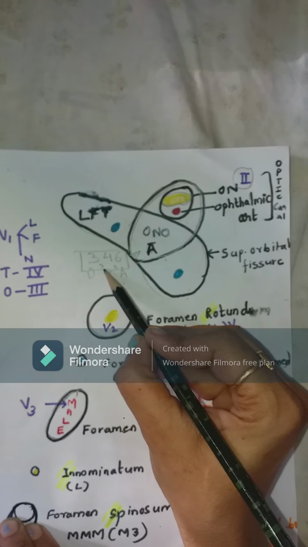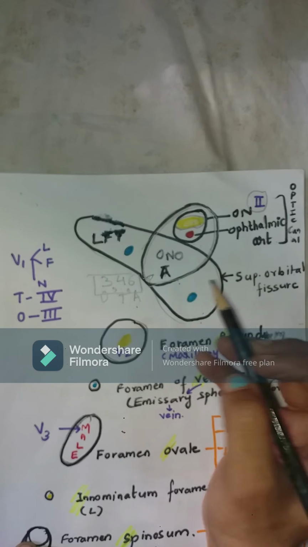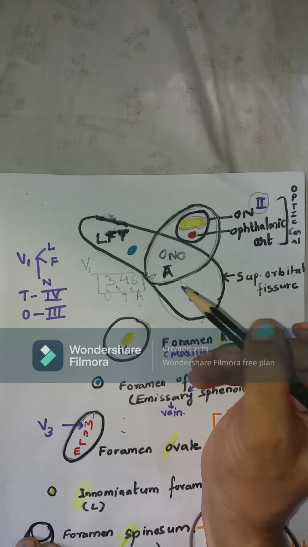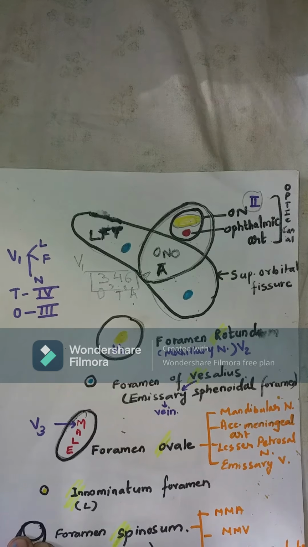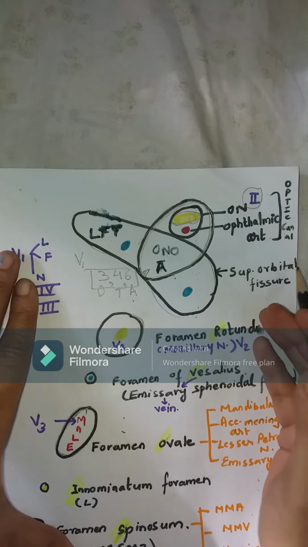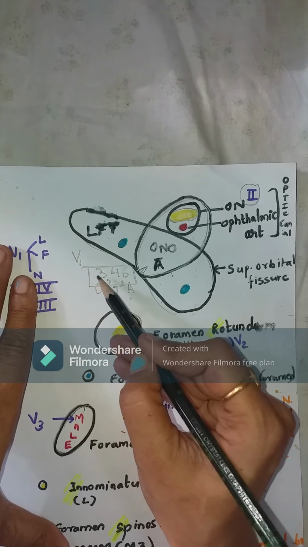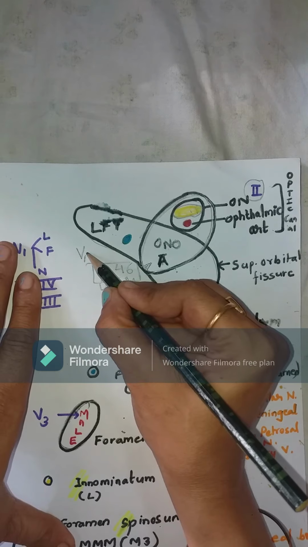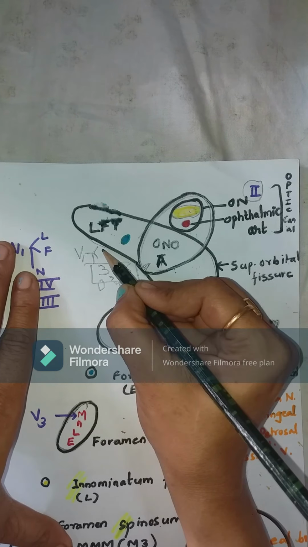Besides this, the ophthalmic division of the fifth cranial nerve, that is V1, will also pass through it. The name suggests that it is destined to supply the structures within the bony orbit. In the previous video we had seen that V1 has three daughters, three main branches.